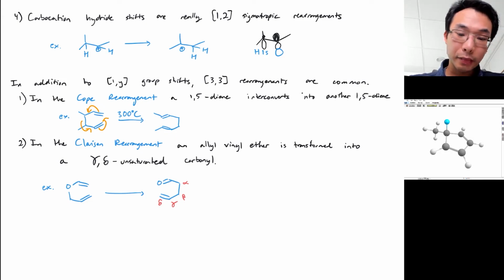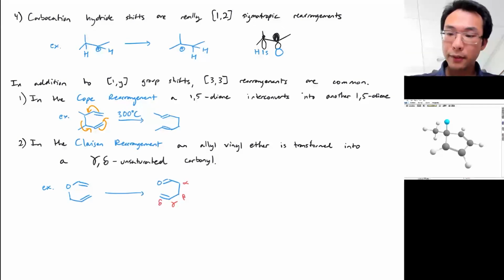In this reaction, we're taking an allyl vinyl ether, so allyl referring to the ether's location on this group here, and vinyl referring to the ether's location relative to the alkene here, and we're transforming that into what's called a gamma delta unsaturated carbonyl compound, usually an aldehyde or ketone. So I've given you the Greek lettering here to explain why it's gamma and delta. This is a nice reaction because it's a way to install a new carbonyl somewhere different in the molecule.